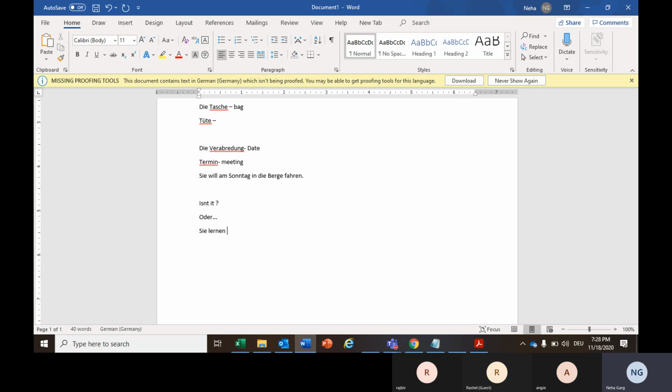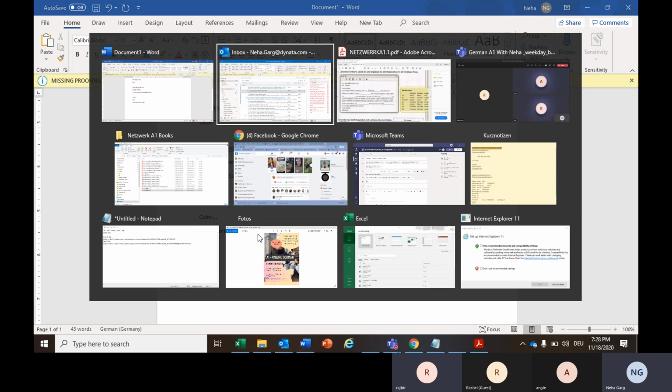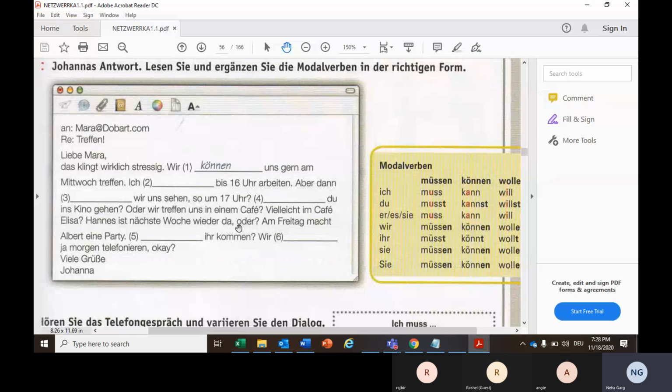Sie lernen Deutsch, oder, you are learning German, isn't it? Aren't you? So that's how we place oder in a sentence, which means isn't it, when you're asking an indirect question or you're making a statement and looking for validation. So that sense oder has been used here.